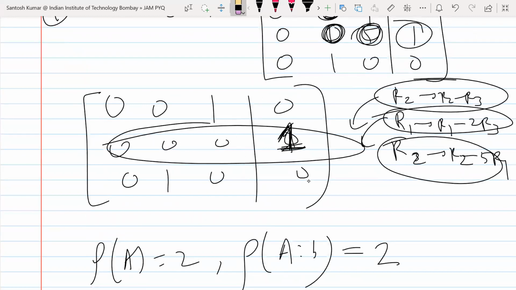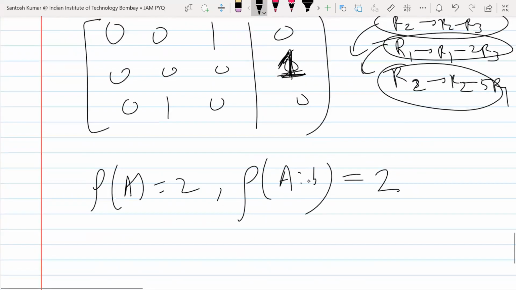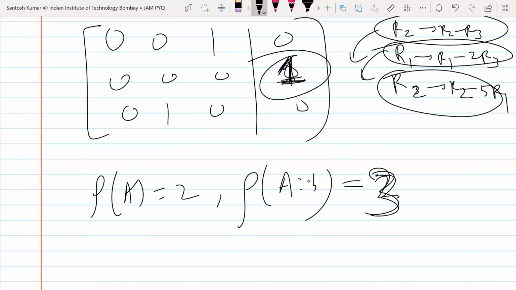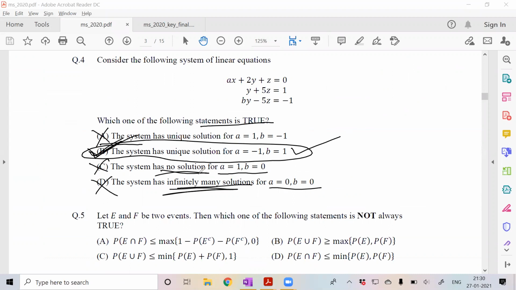So the rank of the augmented matrix is 3, the number of non-zero rows is 3. Since both are different, we have no solution. Option D says infinite, but it is actually no solution. So B is the only correct option. Since it is a single correct option, you should not check more if you are confident you checked it right. You can go ahead to the next question. Thank you.